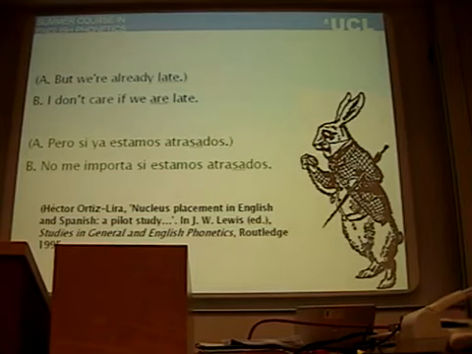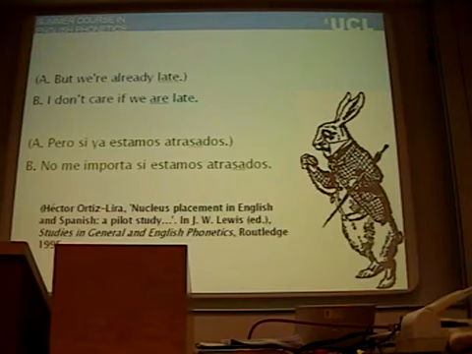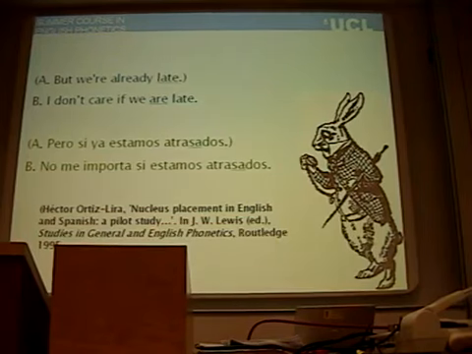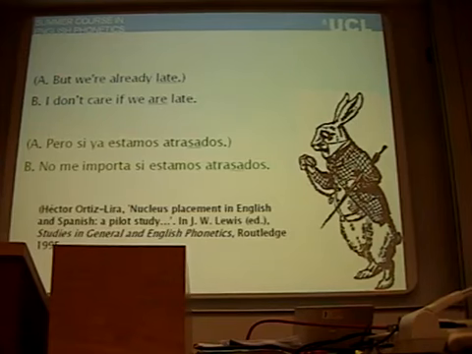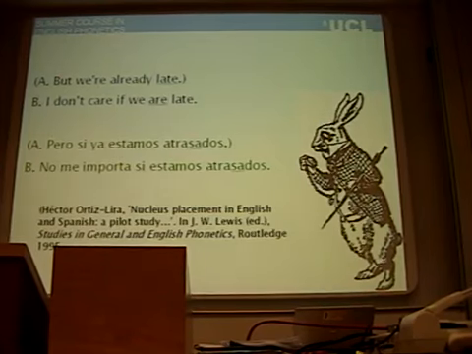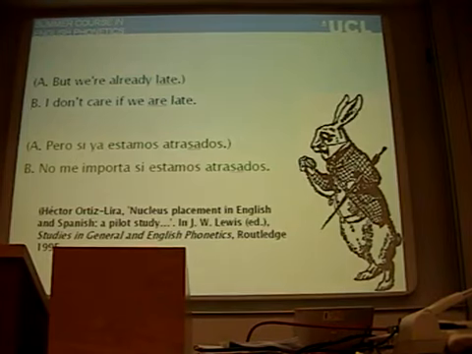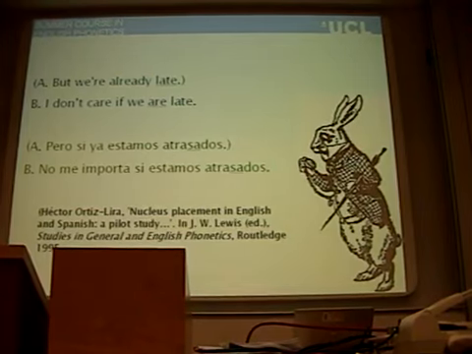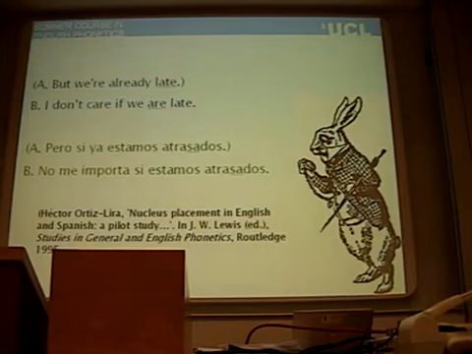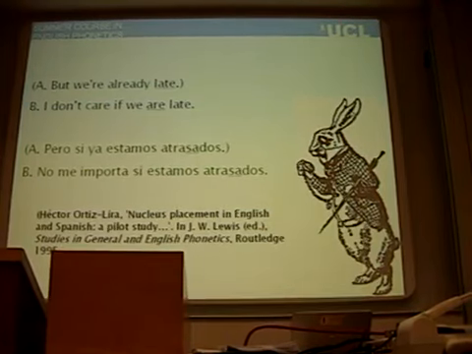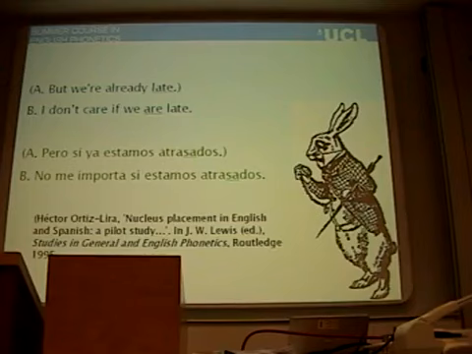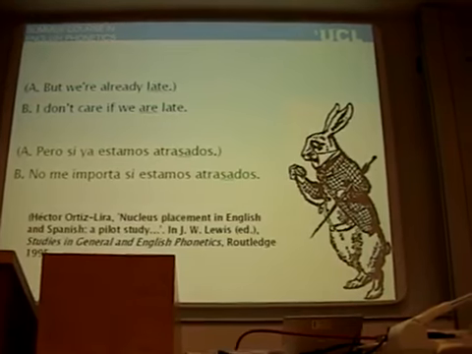In English, if person A says, look, we're already late, B might answer, I don't care if we are late. Nucleus on care, because late is repeated. The Spanish equivalent, according to Ortiz, is pero si estamos atrasados. Answer, no me importa si estamos atrasados. In other words, you can keep the nucleus on the same word even though it's repeated.